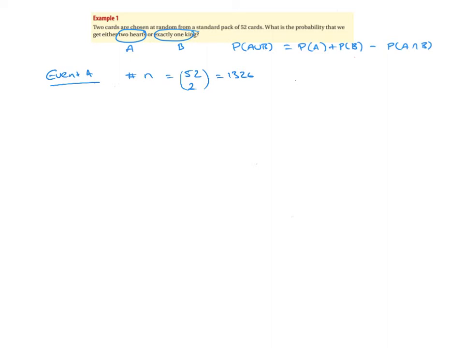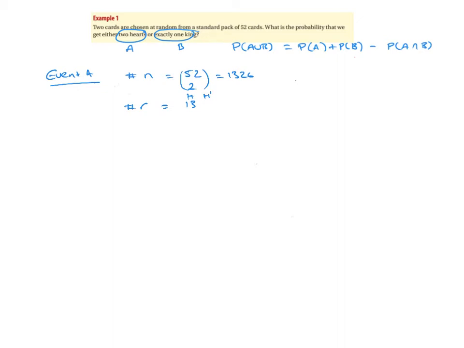Next thing we need to work out is #r, which is what we're trying to find. Our #r is we need to get 2 hearts. Well, how many hearts are there in a deck of cards? There's 13. So let's put H for hearts and H' for not hearts.